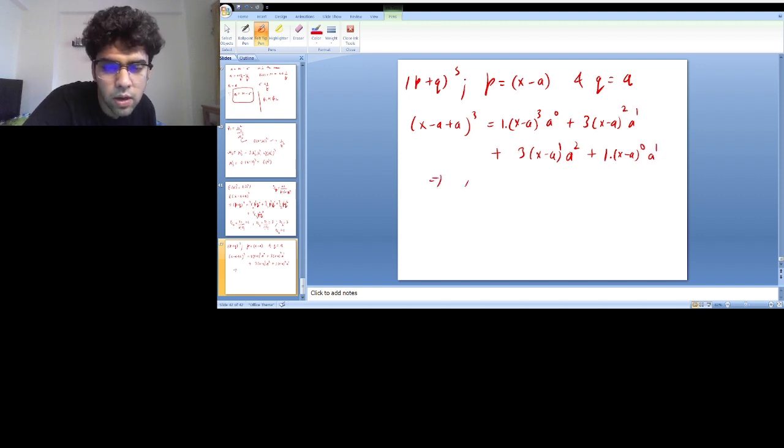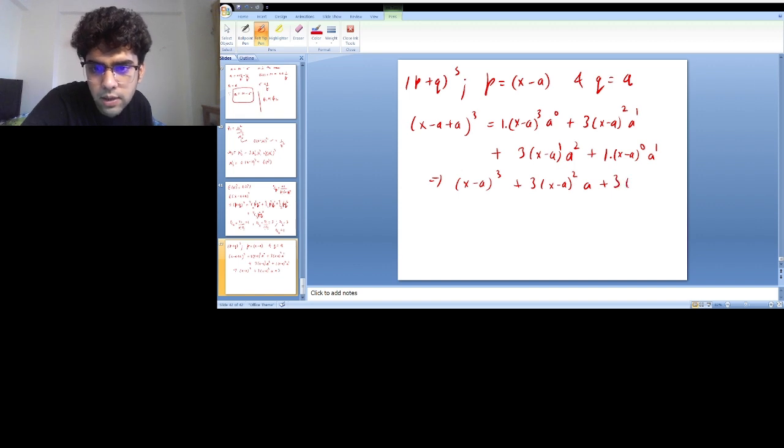So this gives me (x minus a) cube plus 3 times (x minus a) square into a plus 3 times (x minus a) a square plus a cube.